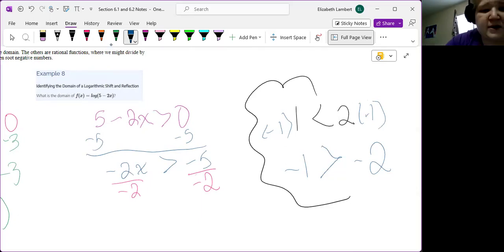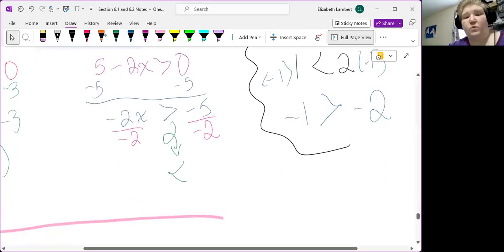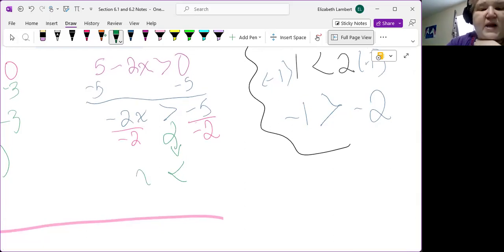So over here, that means we need to flip that symbol over. So that weird loop-de-loop arrow is my symbol for flip the thing. So now we have x is less than positive 5/2.